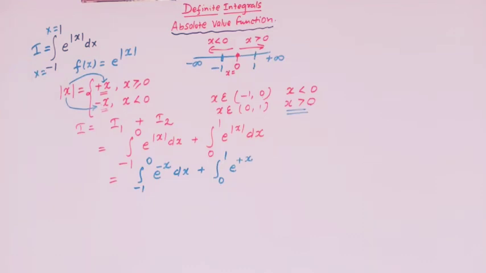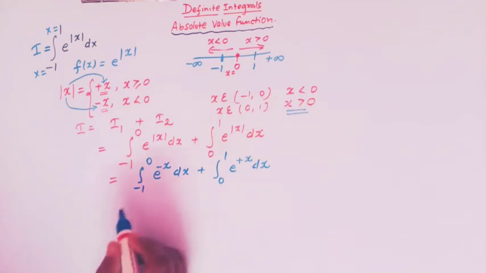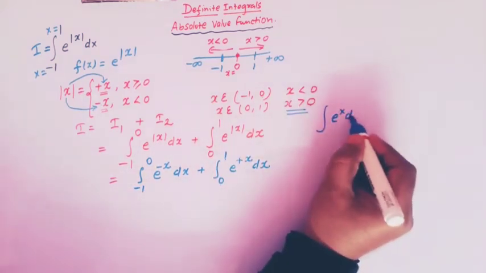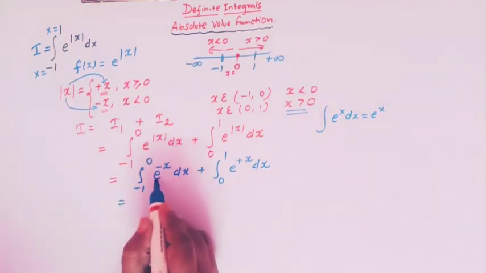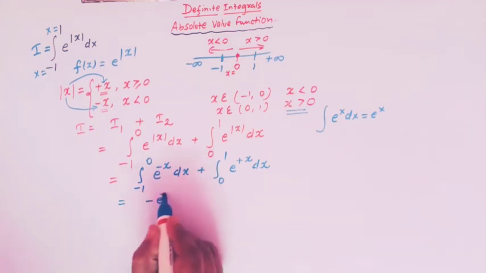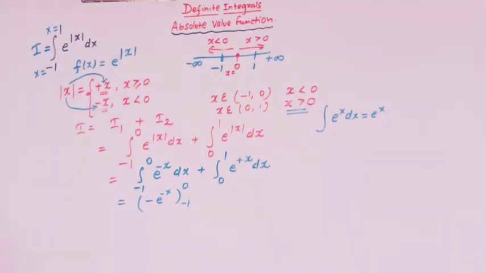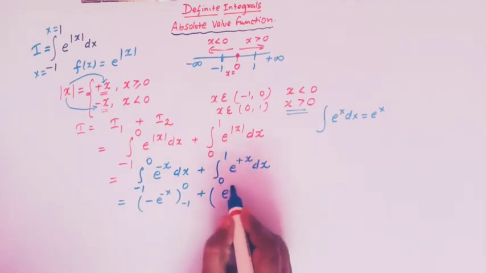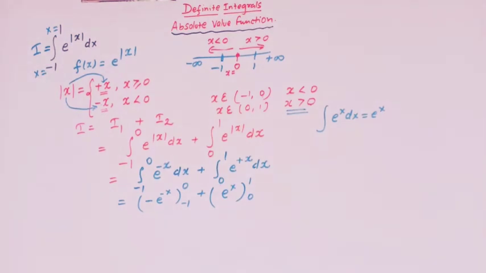Okay, so now we have two integrals, and we can easily solve them. We know that the integral of e raised to x is e raised to x. So the integral of e raised to minus x is minus e raised to minus x, with limits from -1 to 0, and here we have the integral of e raised to x, with limits from 0 to 1.